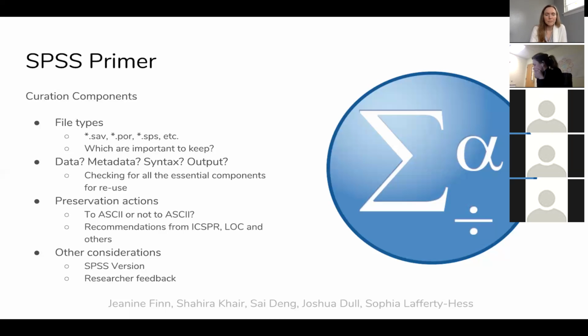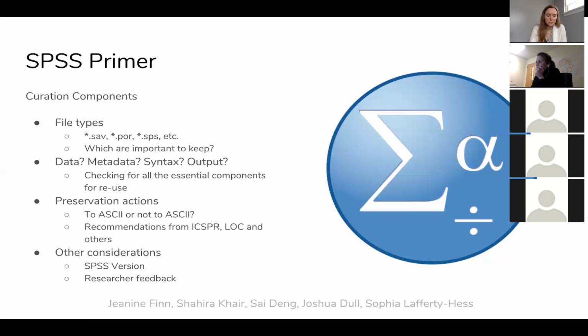So we want to make sure that the people with the primer know all the components you need to put something back together very clearly, and know where to find metadata. So if you get, for example, a .sav file and you don't get a README, you might think, oh no, I can't use this, I don't know what's going on. But if you actually open the file, you'll see the metadata is actually contained in that file. So we're laying out the expectations for what you might see with different types of SPSS data.